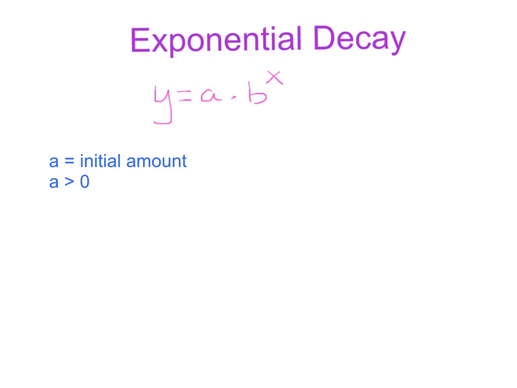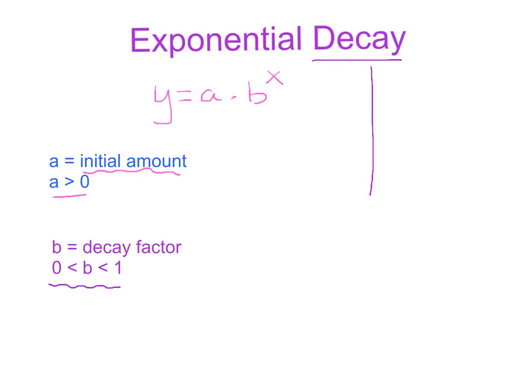And just like in exponential growth, a represents your initial amount, how much we start with, and a is always greater than 0, so no negative values for a. And then b represents your decay factor, your percentage that you're decreasing. And remember, b has to be in between 0 and 1 in order for it to decay.